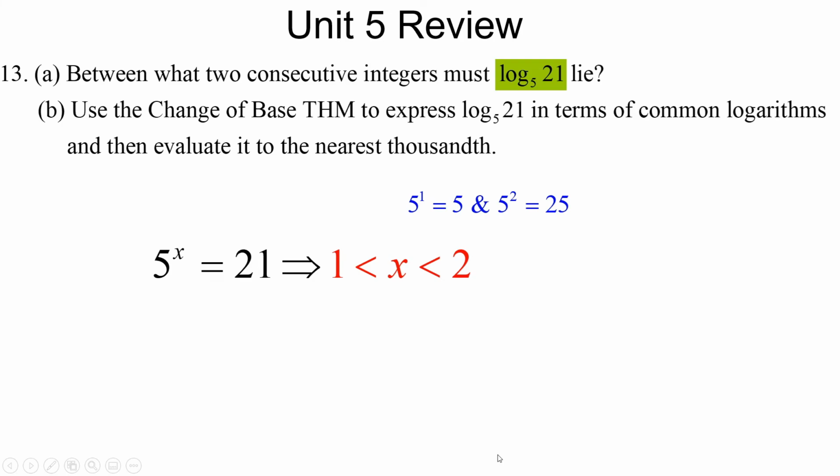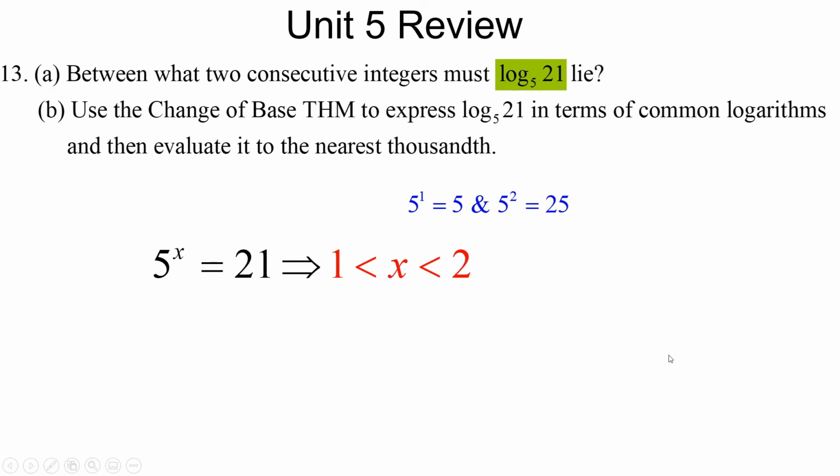So there we go, part A. Between what two consecutive integers must the log base 5 of 21 lie? Because 5 to the first power is 5 and 5 to the second power is 25, the log base 5 of 21 would have to be somewhere between 1 and 2.